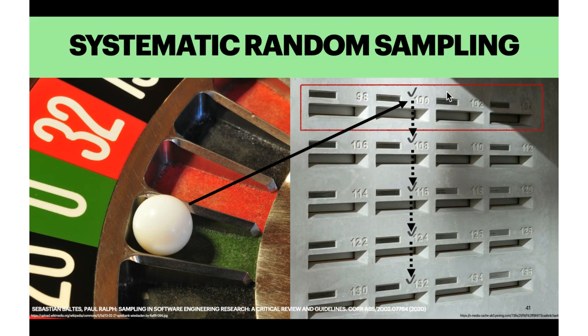If we start with the very first commit in the repository and then select every 20th commit, we will of course might have some kind of bias there. In a way, every item still has an equal probability of inclusion, but this probability is completely determined by the first random step.